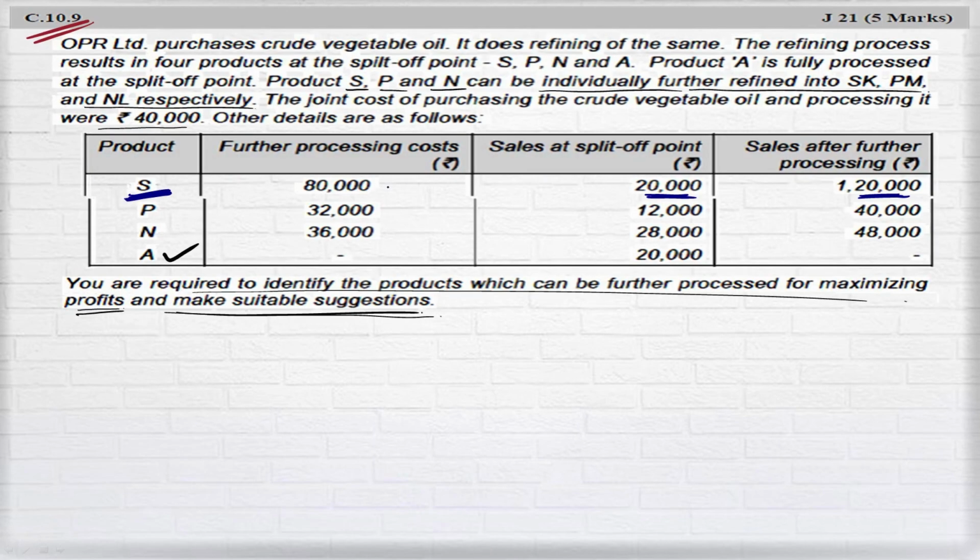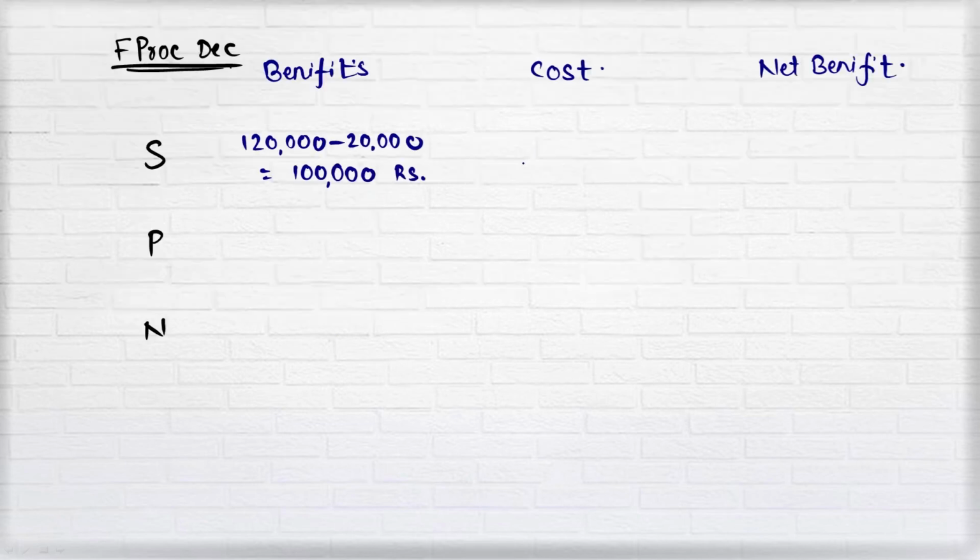What is the cost of further processing? 80,000. Plus apportioned joint cost. Should I apportion the joint cost or not? Then why is it not a cost of S?